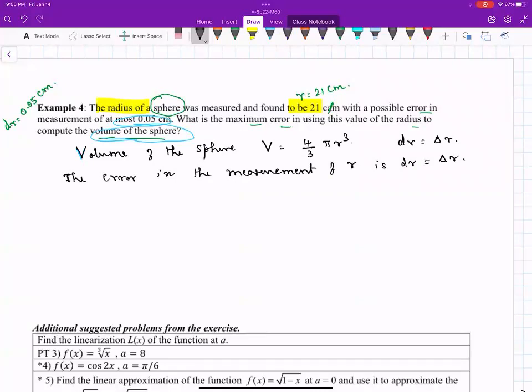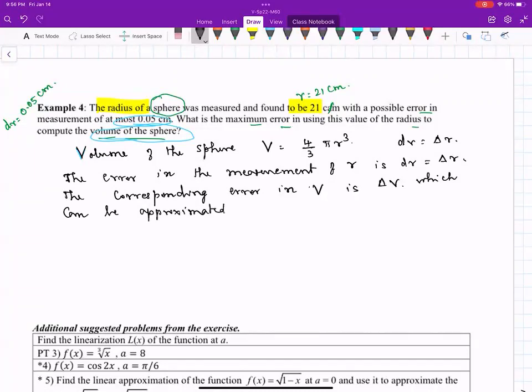The corresponding error in V, in the volume, is delta V, which can be approximated by the differential dV, correct?